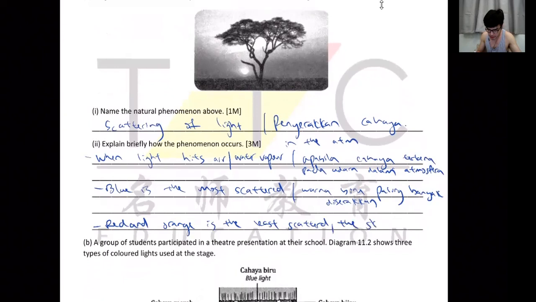Okay, the sky looks red. Okay, merah dan jingga paling kurang diserapkan, langit kelihatan merah.